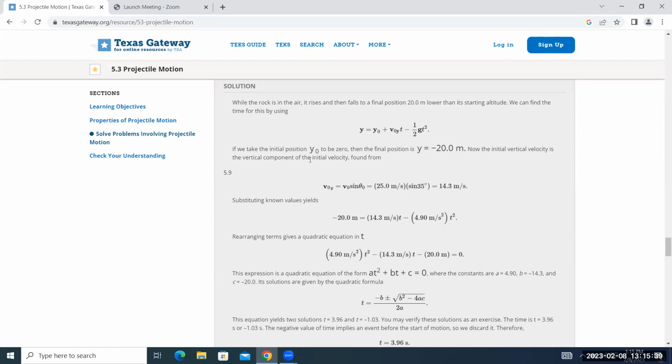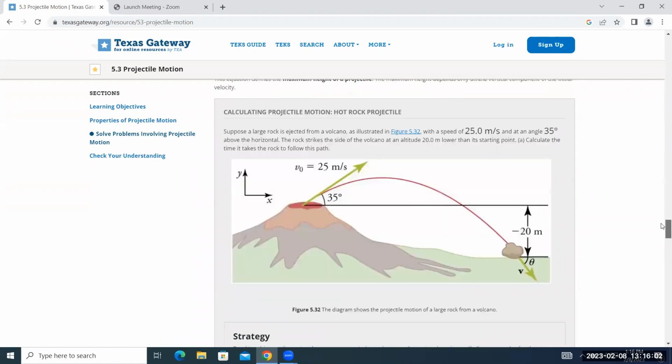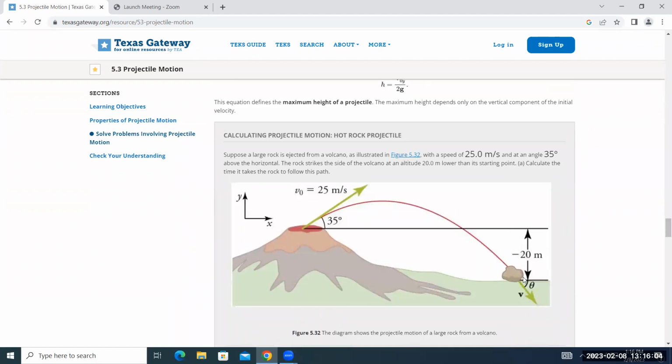Then we're going to take our initial position, why not, and we're going to let that be 0. Remember, we choose where our initial position is. I'm a physicist, I'm lazy, so I'm generally going to say wherever I start, that's my 0 position. What if I didn't do that? What if I said my 0 position is going to be down here on the ground? Well, it doesn't change anything.